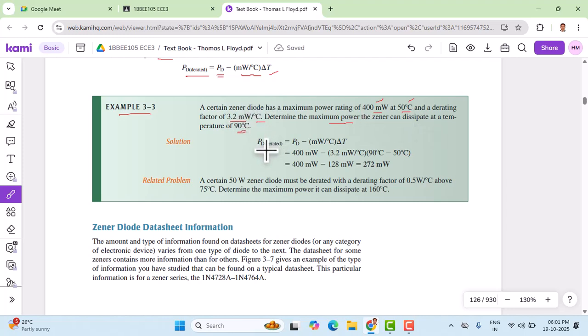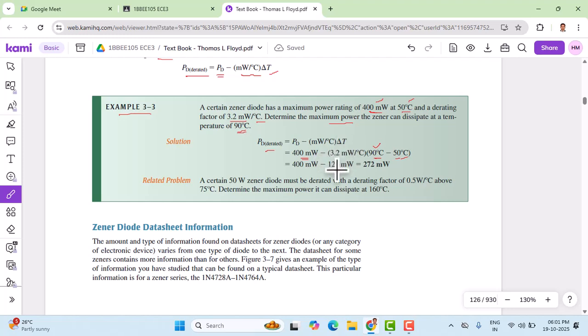Let's use the same formula which we already mentioned. PD derated is equal to PD minus the derating factor multiplied with the temperature change. So PD is given as 400 milliwatts. This is the maximum power dissipation, minus the derating factor of 3.2 milliwatt per degree Celsius, multiplied by the temperature change, 90 degrees Celsius minus the reference temperature of 50.